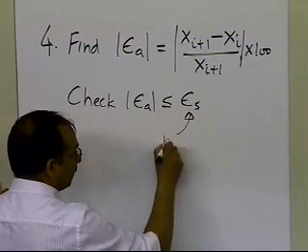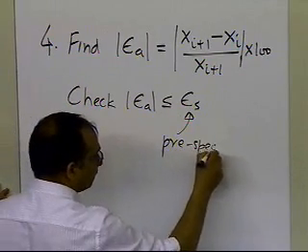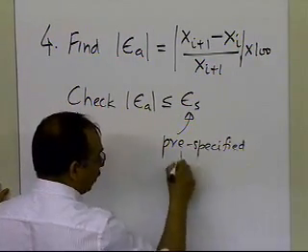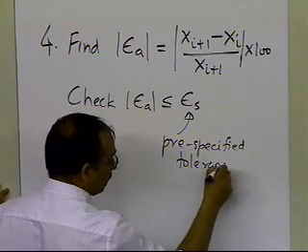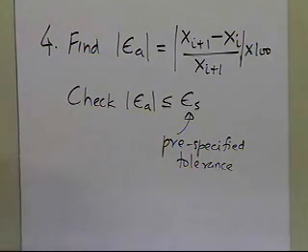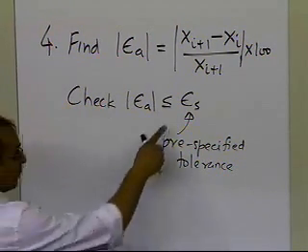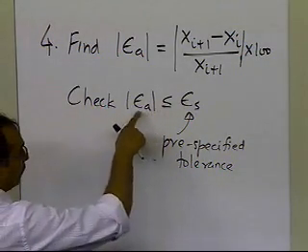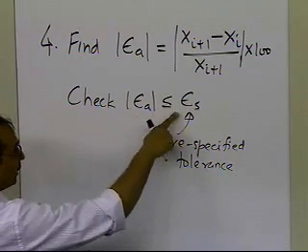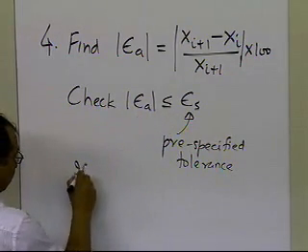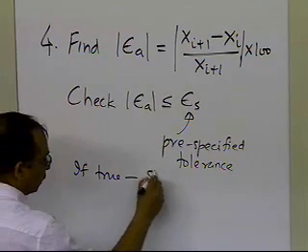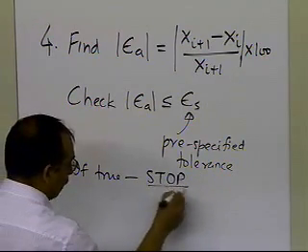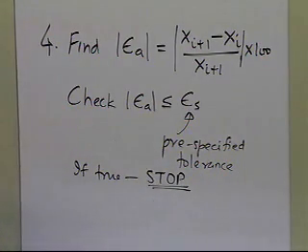The pre-specified tolerance might be given to you as a percentage, or it might be given in terms of the number of significant digits you want to be at least correct in your answer. Those can all be translated into a percentage pre-specified tolerance. If it is true that the absolute relative approximate error is less than the pre-specified tolerance, then you stop because you have achieved your goal of getting your root within the pre-specified tolerance.